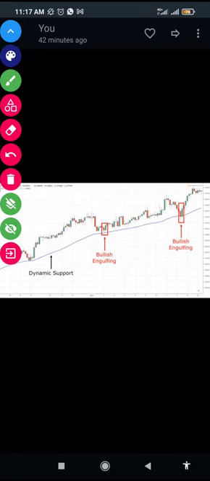So TAE. Did we see T, which is trend? Yes, we see trend. That is one. Two, did we see area of value? Yes, we see area of value, which is here.